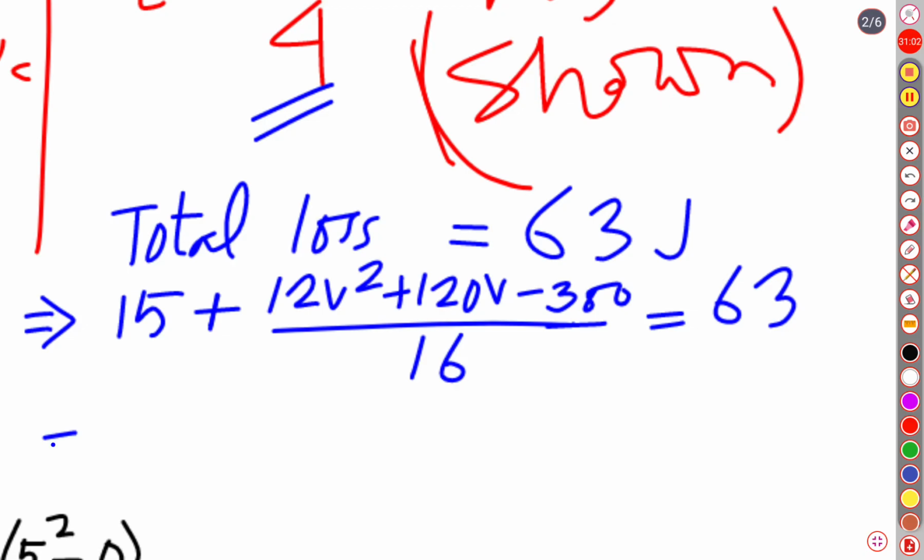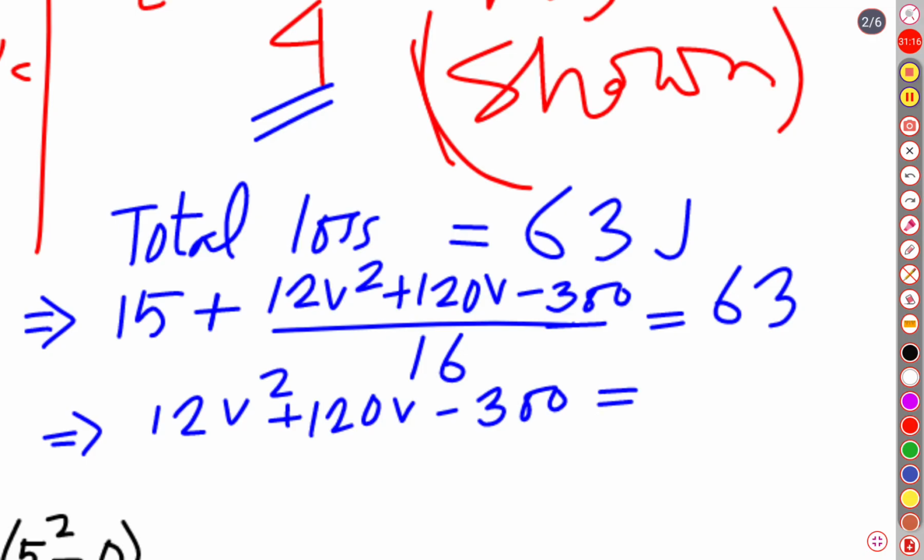So from 63, if we subtract 15, it is going to be 48. So 12 v squared plus 120 v minus 300.